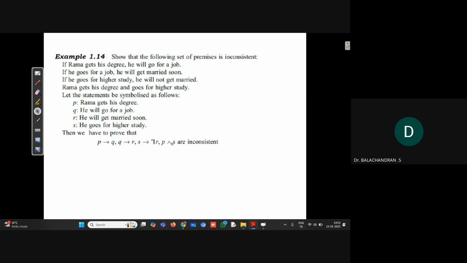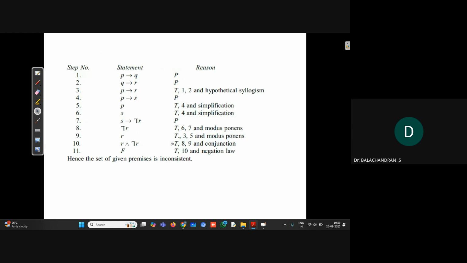So we'll discuss. The first, P implies Q and Q implies R, both of them are given premises. From this we have P implies R. Next, I think the fourth one is a typo.